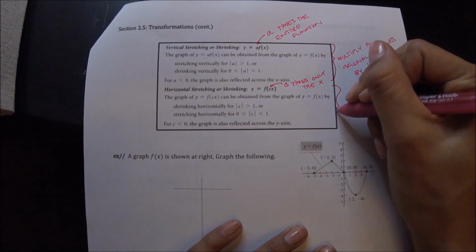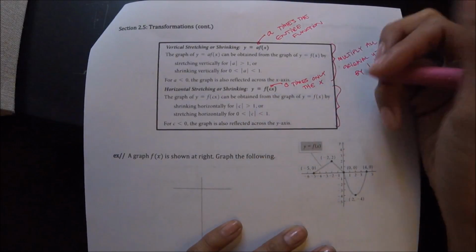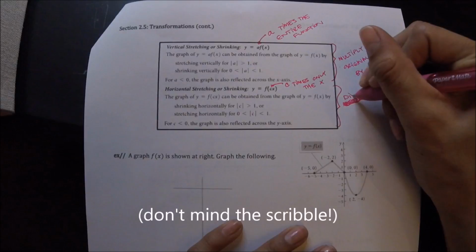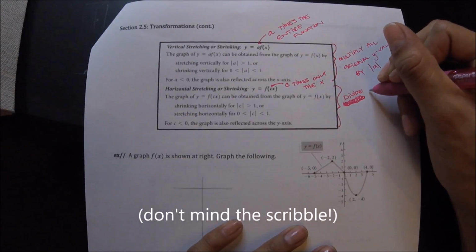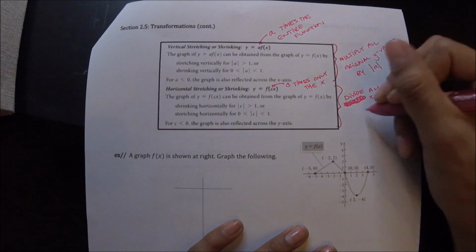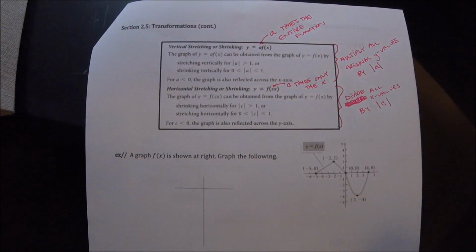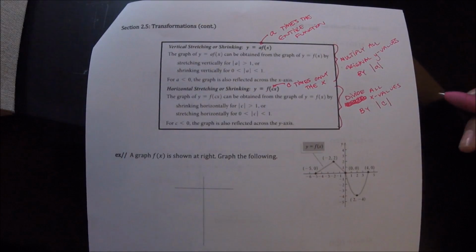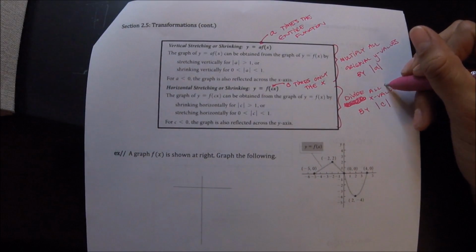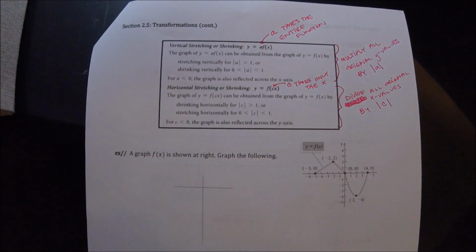And then down here, if you have a number times just the x, then divide all the original x values by the absolute value of c.